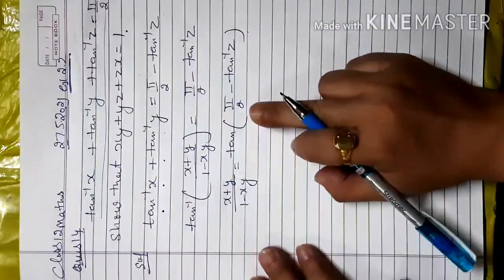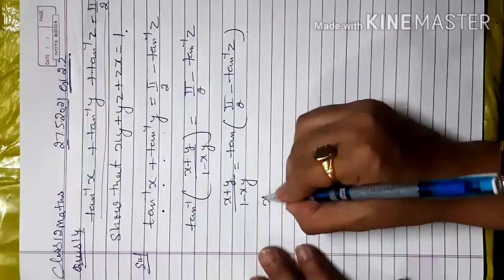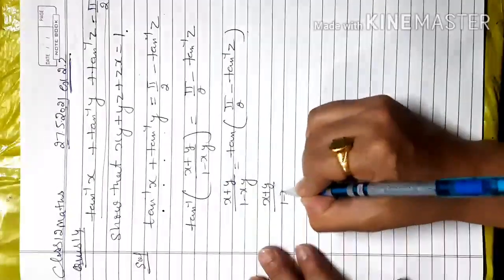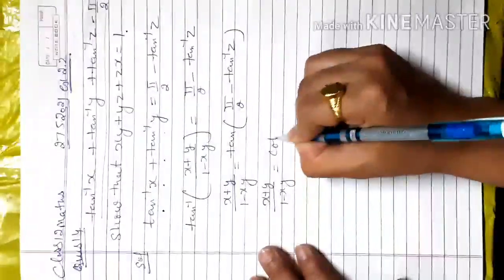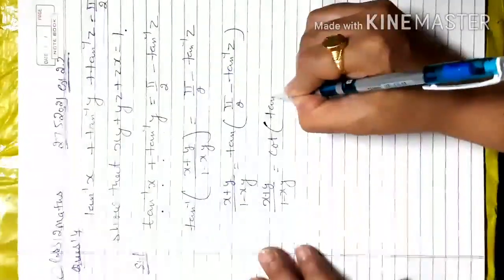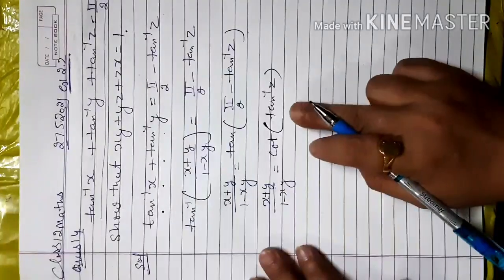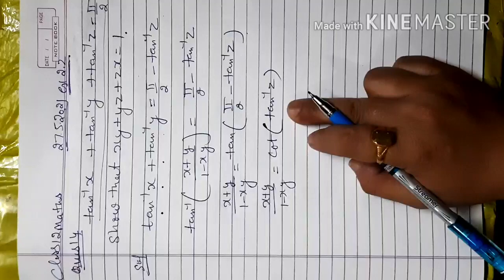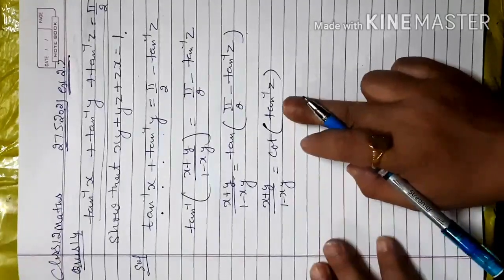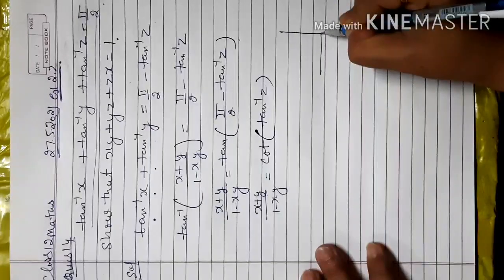Okay, then tan of (90 minus theta) gives me cot theta. So now I change this into cot form. So that is cot of tan inverse z. Now I want to cancel this cot, so I will change this tan inverse to cot inverse. So I go with the right angle triangle here.